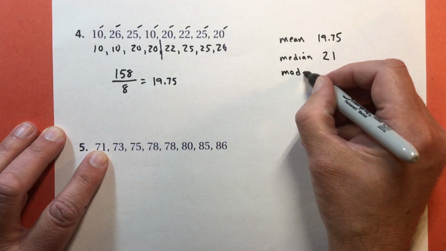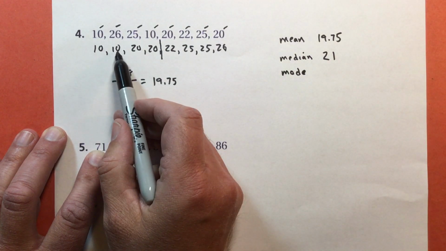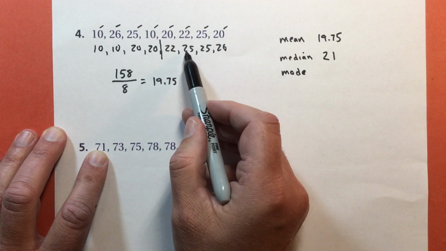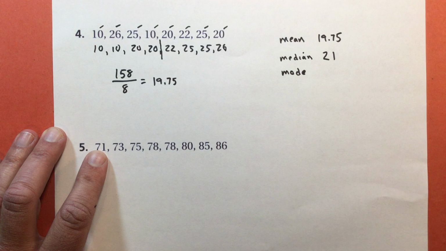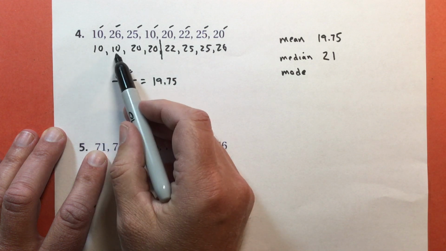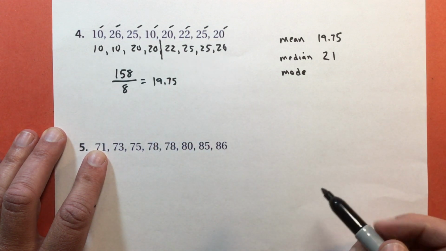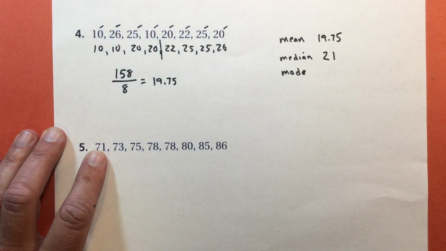My mode is the number that occurs the most. I got a couple of 10s, a couple of 20s, and a couple of 25s. Now, it's possible that a math instructor or even a textbook might tell you to say 10, 20, and 25. But rarely do we actually talk about 3 modes. That doesn't even make sense.